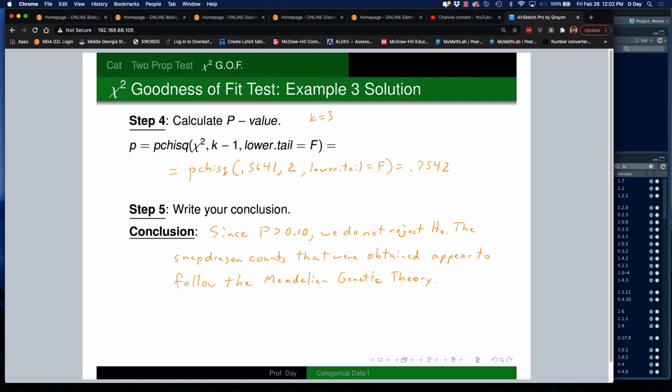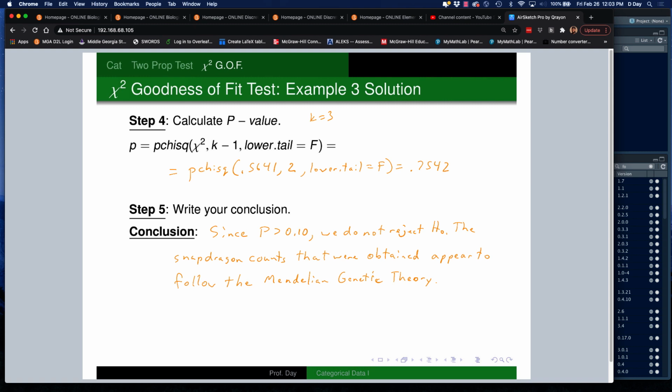Boom. So maybe, depending on what you're trying to do, you wanted it to reject, but in this case it did not. We didn't find a sample of flowers that debunked the genetic theory. So that's how you do it by hand.